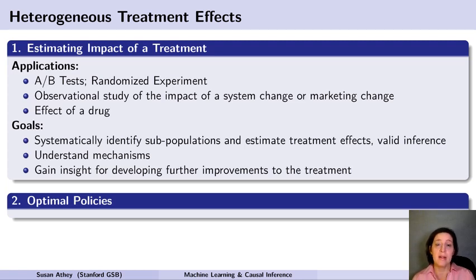So in a big technology firm, engineers spend time developing new algorithms or new ideas, and then they want to test them. Now, it's often the case that a certain algorithmic improvement might work better in some situations than others. Or a certain design of a web page might work better for some scenarios than others.